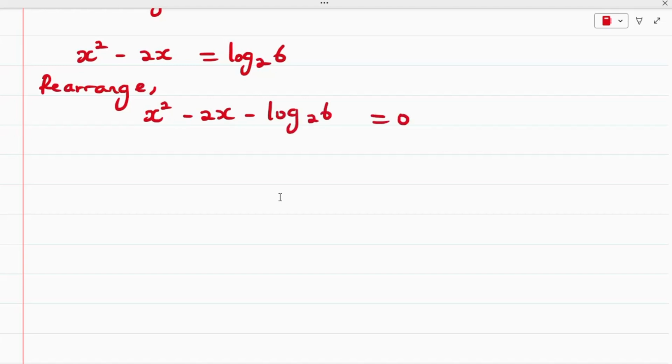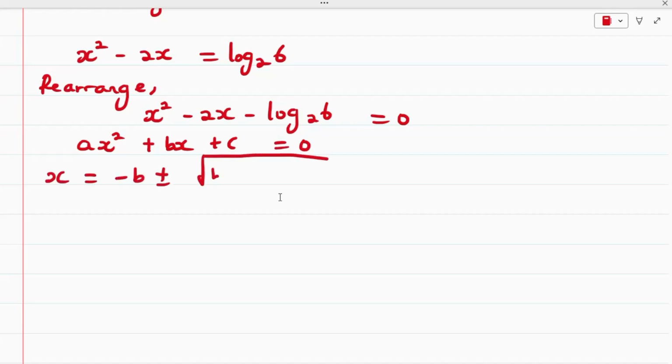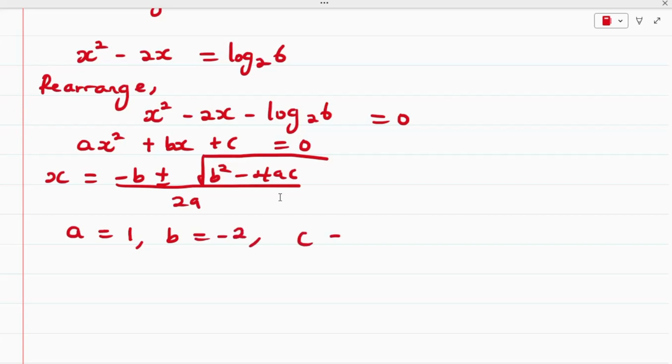So we want to apply the quadratic formula. Given ax² plus bx plus c equals 0, x equals minus b plus or minus the square root of b² minus 4ac, divided by 2a, where a equals 1, b equals minus 2, and c equals minus log 6 base 2.